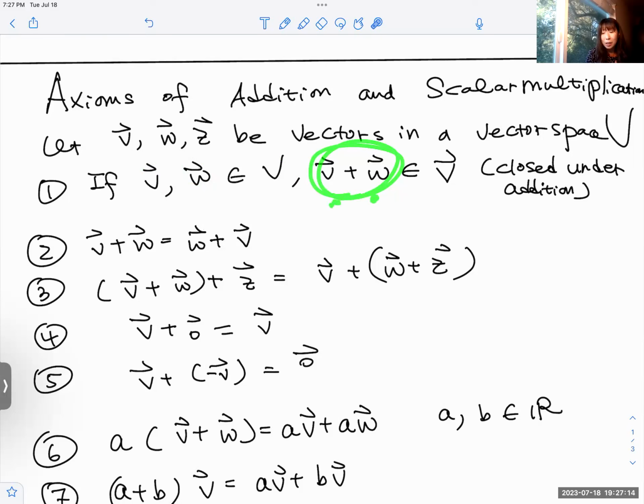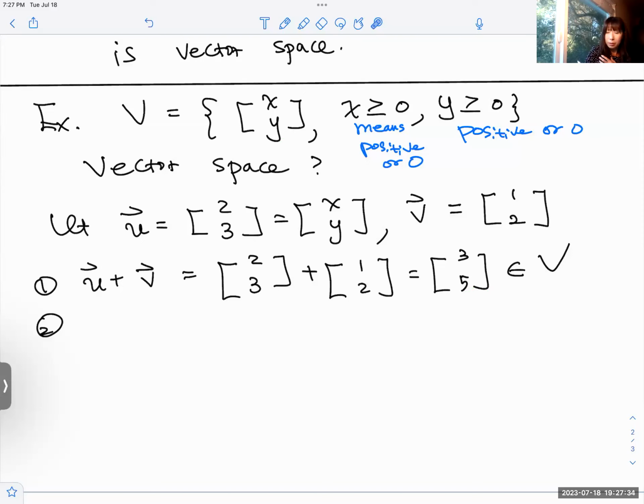Even though we added them, it's still in the vector space. Make sense? So x and y are still positive, so yes, it's still in V. So it's closed under addition.